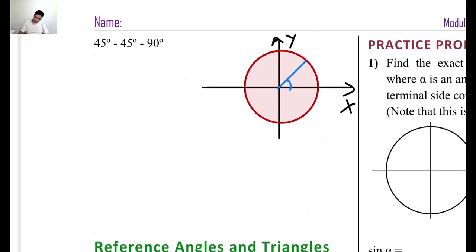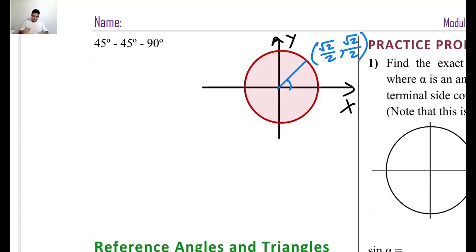Do this by yourself and verify the values you get would be 1 over root 2, which is often written as root 2 over 2 by rationalizing the denominator.